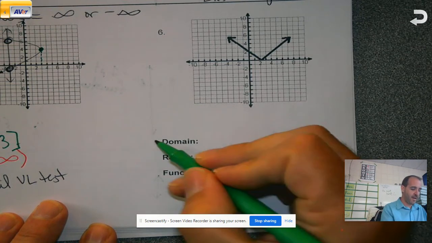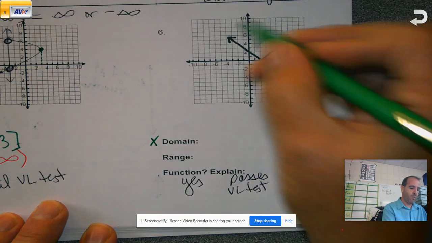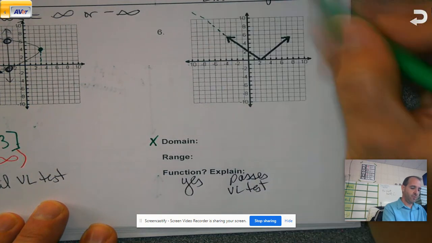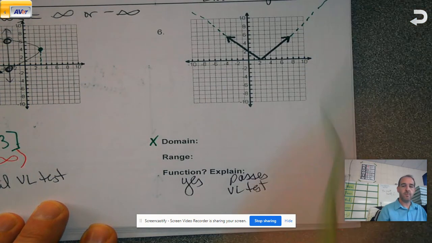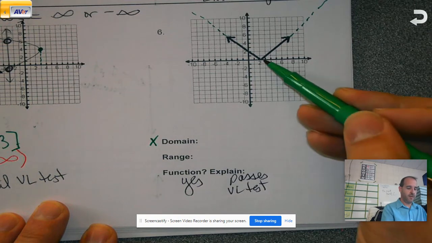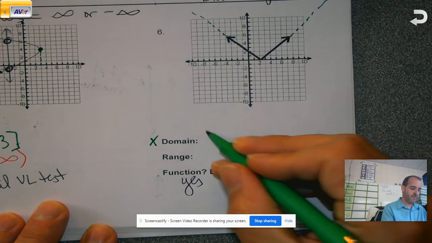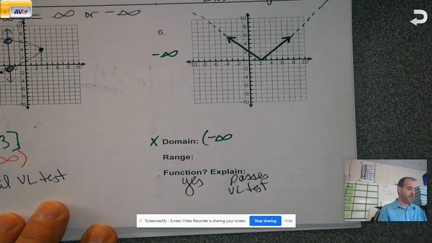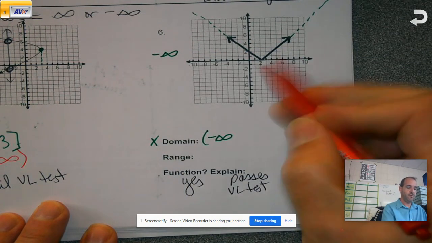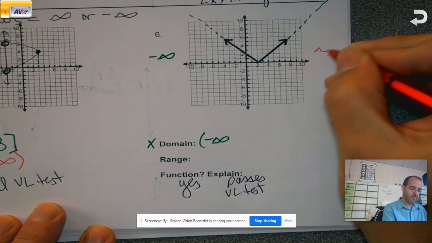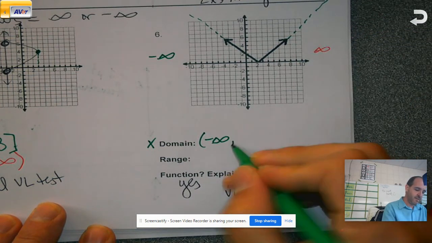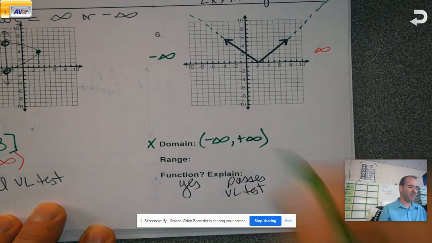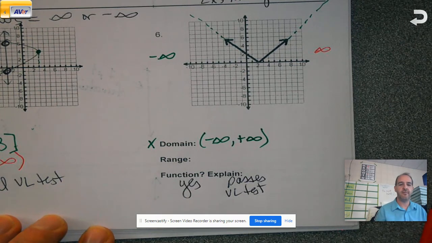So now, domain and range. Okay. Left. Forever left, which again, forever left is negative infinity. To forever right, which is positive infinity, or you can just write infinity. You don't have to put the plus sign.